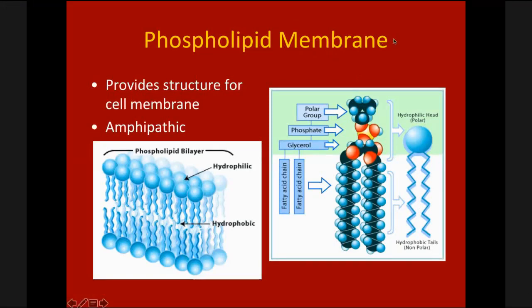When it finds itself in water with other phospholipids, it's naturally going to align itself. They will naturally align themselves in this two-layer phospholipid structure. It's called a bilayer. The phospholipid bilayer, if you take a look at how it forms, notice how all the hydrophilic heads, the polar regions, are going to face in one direction, and then down here, all facing in the same direction.